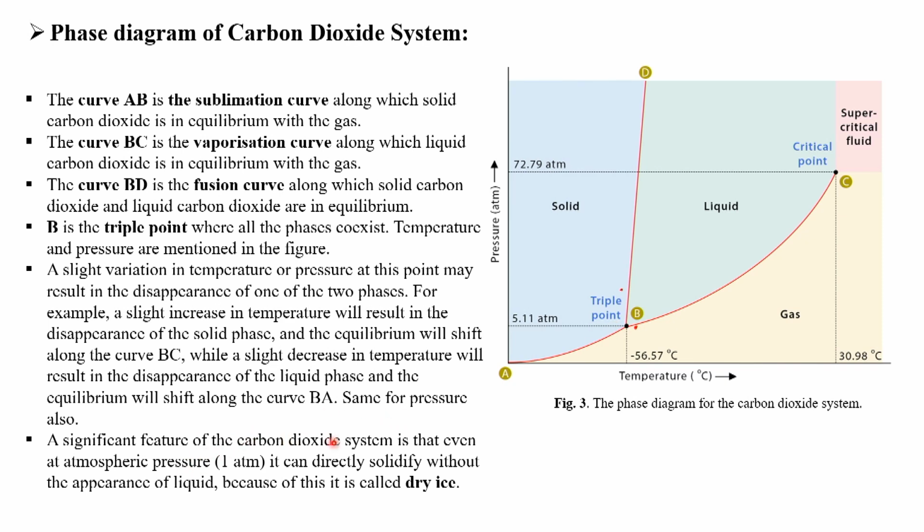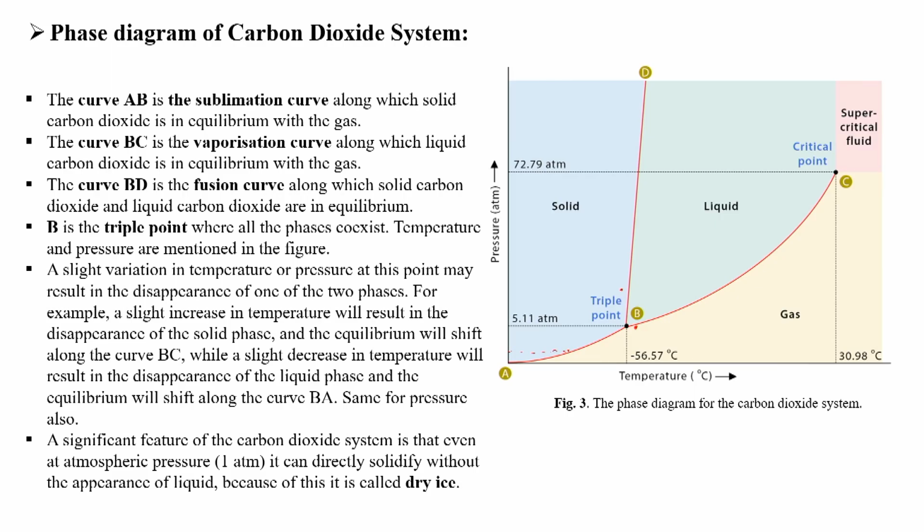A significant feature of the carbon dioxide system is that even at atmospheric pressure, it can directly solidify without the appearance of liquid. Because of this, it is called dry ice. So this is one atmospheric pressure here.